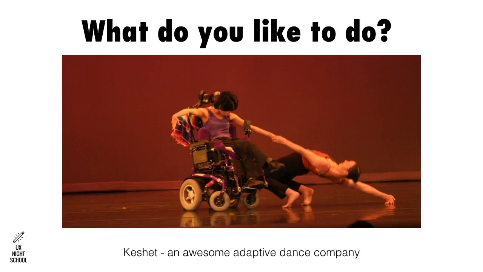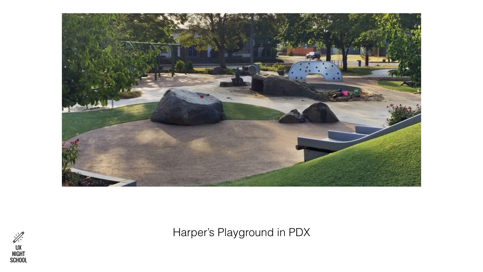If you like dance, like I do, go check out an adaptive dance company. They're awesome. I also spend a lot of time hanging out in the park with my kid, and Portland, where we live, has a great adaptive playground, and it's really fun to hang out there and get to know folks of differing abilities and their families.